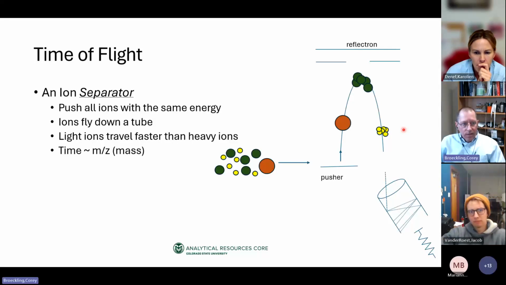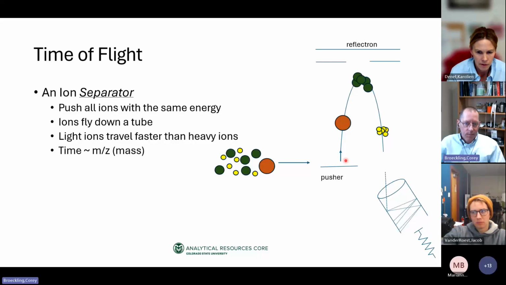The time of flight is an ion separator. So you'll often see time of flight abbreviated as TOF. So a TOF mass spectrometer is time of flight. And basically, the basic principle here is that you send that same population of ions in front of what's called a pusher or a pulsar, some sort of plate. You apply a voltage, and that accelerates the ions.